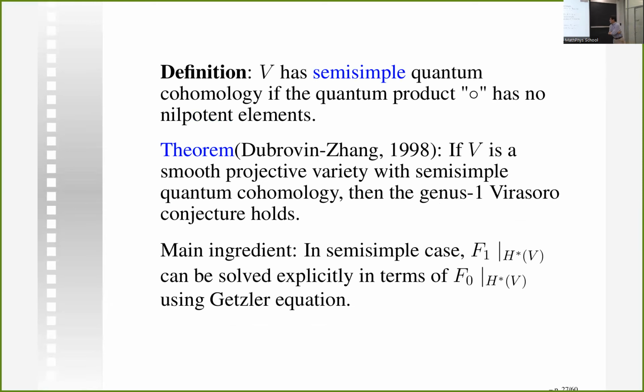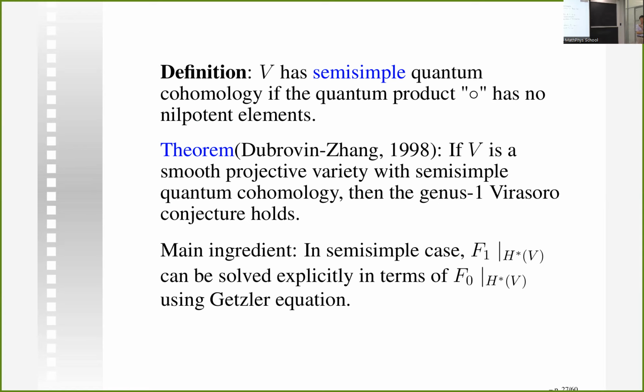When we say a manifold has semi-simple quantum cohomology, this simply means the quantum product has no nilpotent elements. In this case, Dubrovin and Youjin Zhang actually proved that if a smooth projective variety has semi-simple quantum cohomology, then the genus 1 Virasoro conjecture holds. The key idea in the proof is that in the semi-simple case, there exist very special coordinates, canonical coordinates.